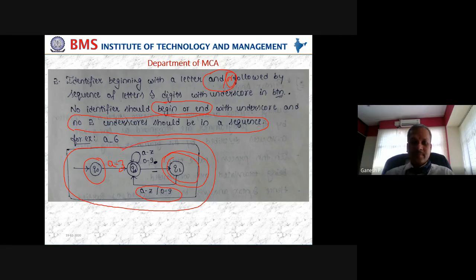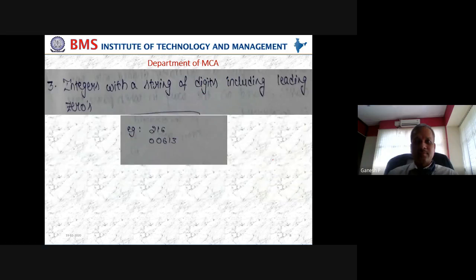Okay, fine. So let me know any doubts regarding the question and the solution that has been given. Fine. Take another problem and try how you will get the solution for this. So this is a new thing: integers with a string of digits, including leading zeros. Your rule is now only integers, no characters.